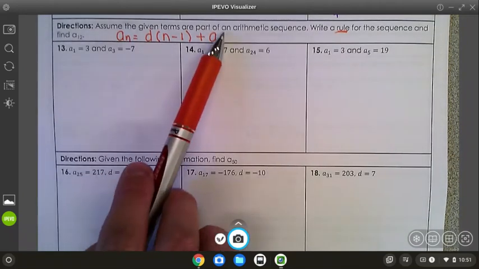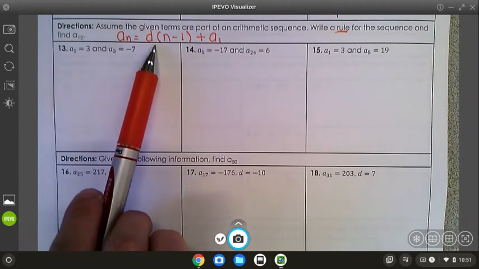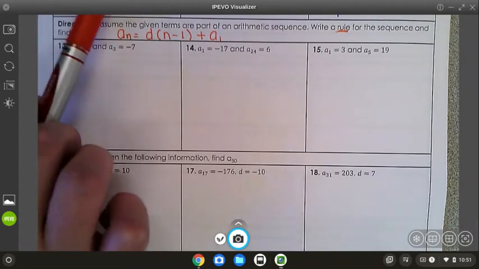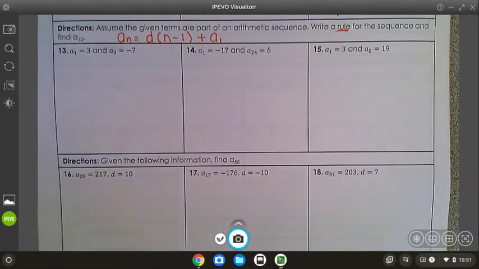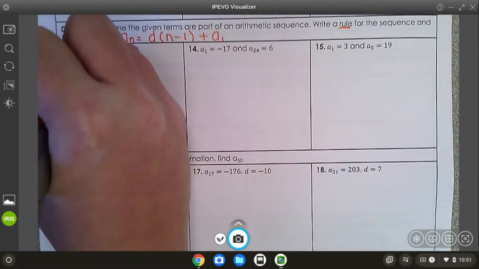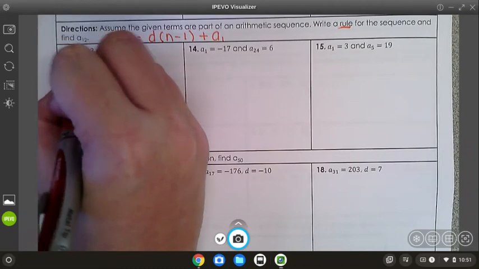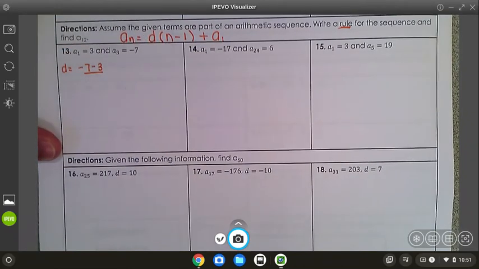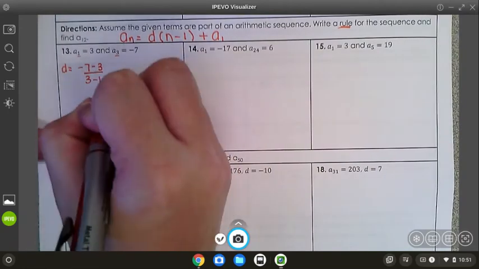So I do have my a_1, but I don't have my common difference. So we're going to use kind of the same thing that we used up here to find the common difference. So I'm going to take -7 minus 3 over 3 minus 1.